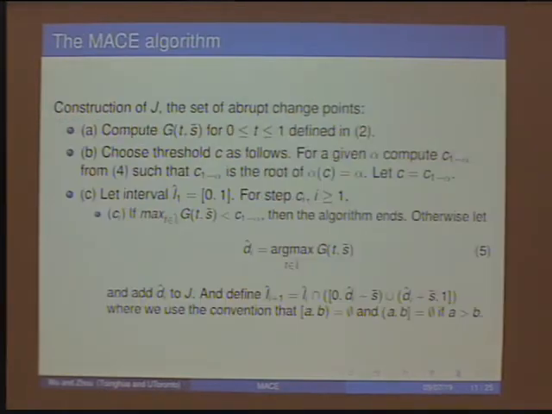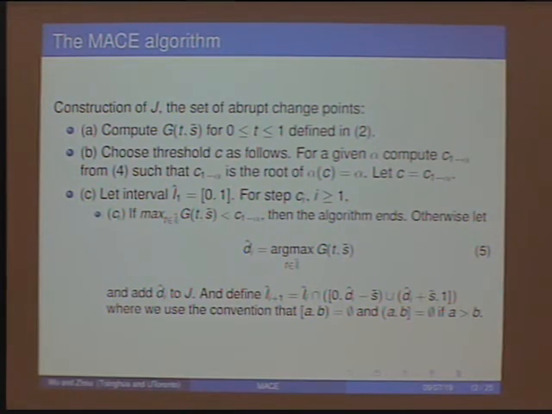Okay, the next thing is the algorithm, which is not so difficult. It is an iterative way to find all the change points. You first calculate the G function and the critical value of your limiting distribution based on the closed formula. Then you find the first highest peak of your G function.